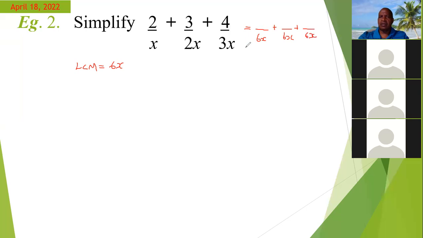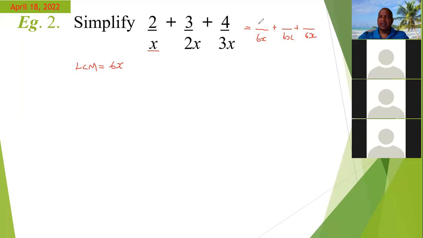All right, so what did we do to this first denominator, x, to get the 6x? Sir, x times 6, sir. Right, so that means we multiply this by 6 to get 6x. That means the numerator must be multiplied by 6.